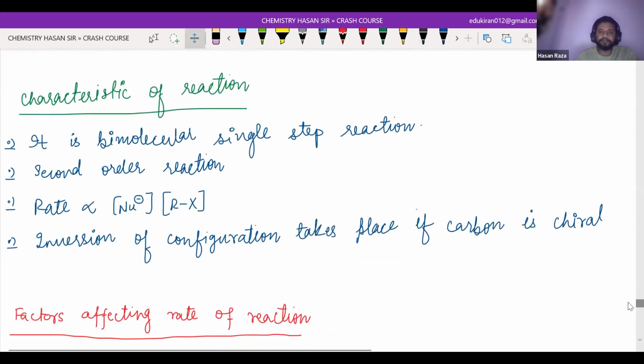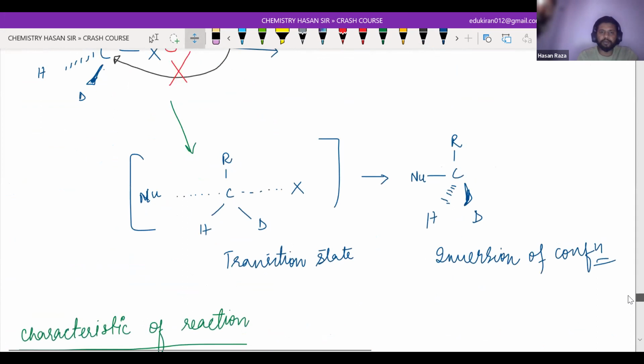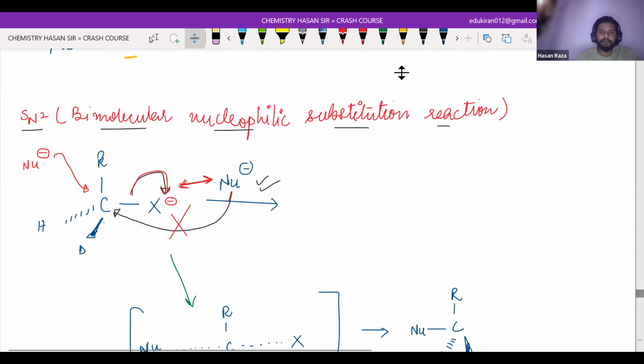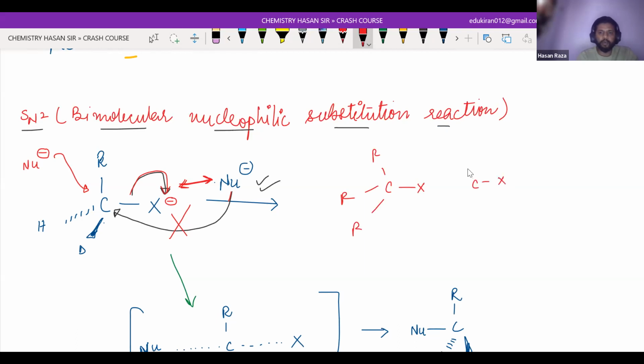Now, if I ask you a simple question, since we are talking about SN2, you know that in SN2, only back attack is possible.